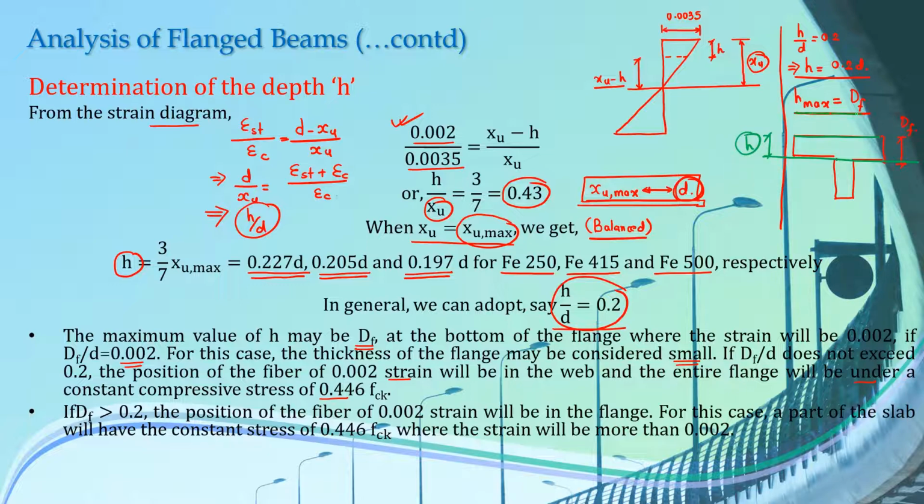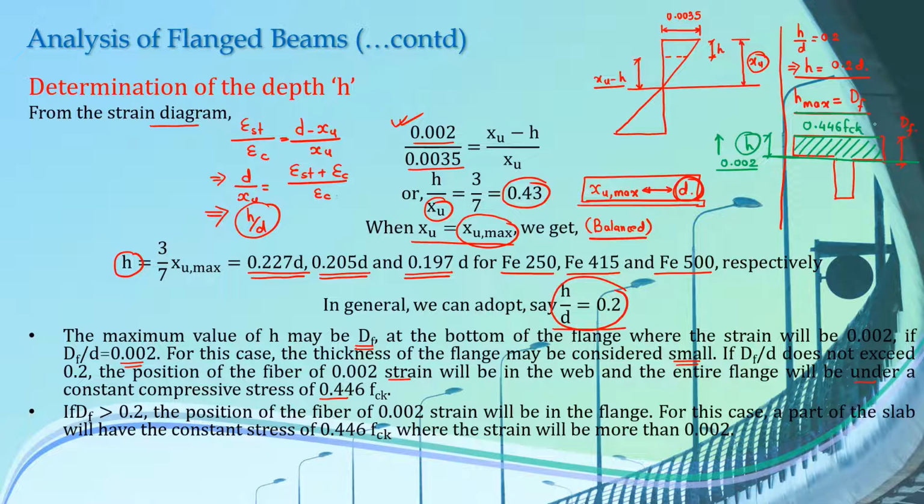If you consider that the value of H max, or the maximum value of H, is equal to Df, you can say that this is the line where the strain in the fibers is 0.002. So above this line here, all of this concrete will be in a constant compressive stress of 0.446 FCK.